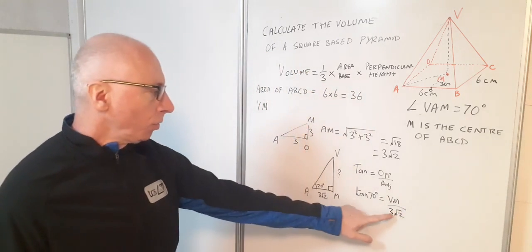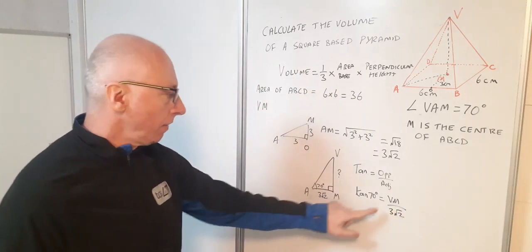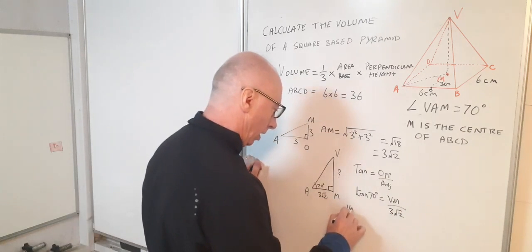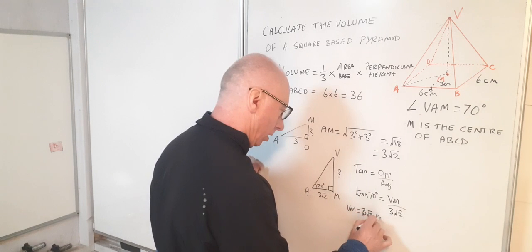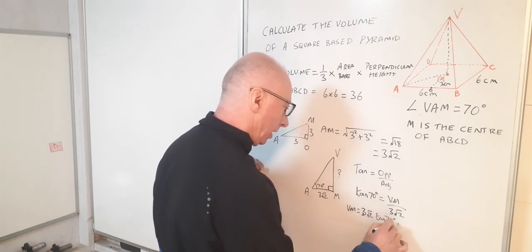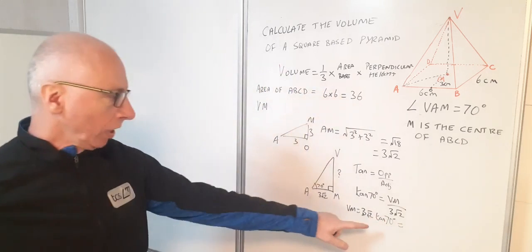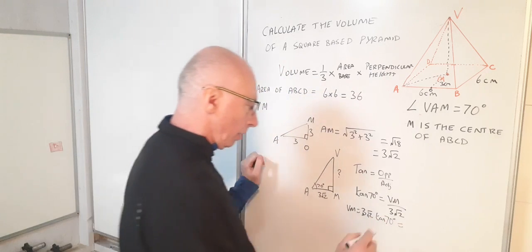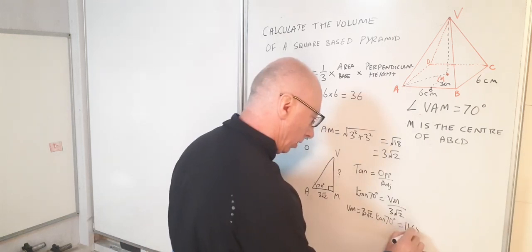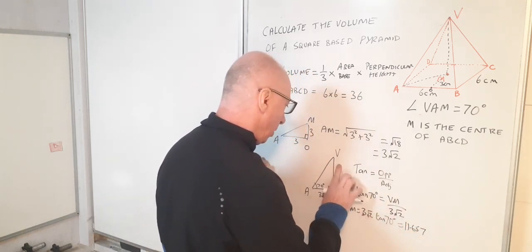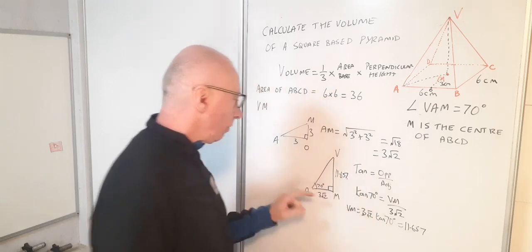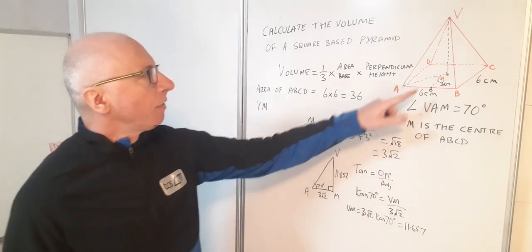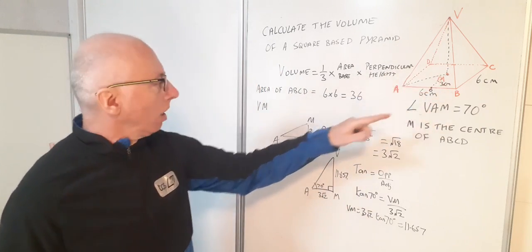So now we do 3 root 2 times tan 70 to get VM. Putting that into our calculator, we should get 11.657 approximately. Now we've got it. So VM, what is VM? VM is our perpendicular height.